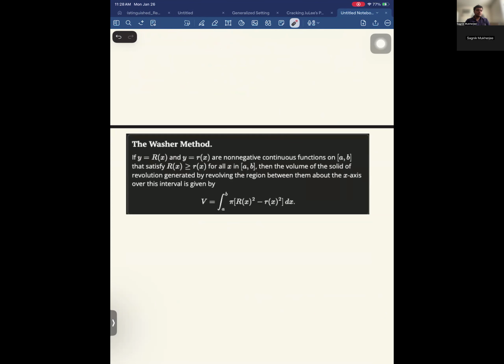Instead of the x-axis, now I'm saying, okay, I give you two functions, y equals capital R(x) and y equals small r(x). Previously this capital R(x) was y equals 0, like R(x) was 0.